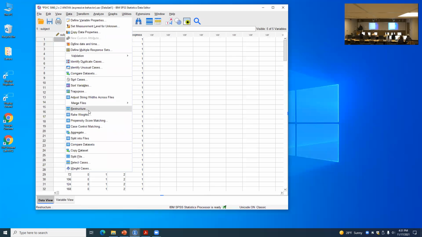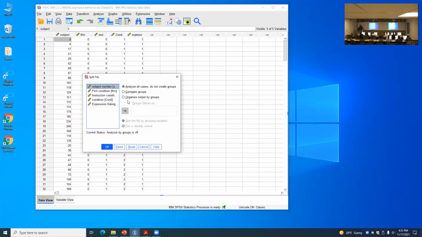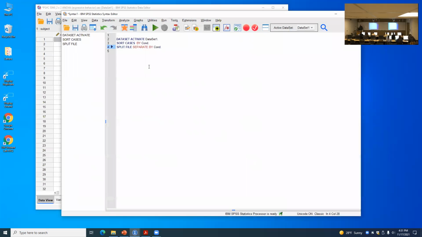So I'm going to go to data. I'm going to go to split file. And I'm going to look at this condition variable that I've created. Okay. Split file by this, and this is just going to break everybody into individual groups.